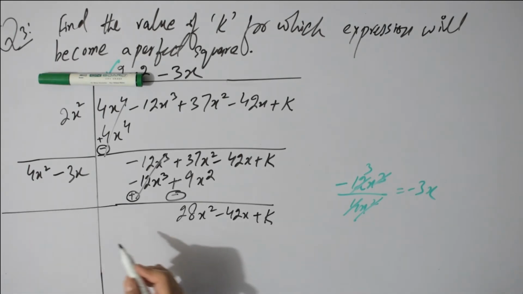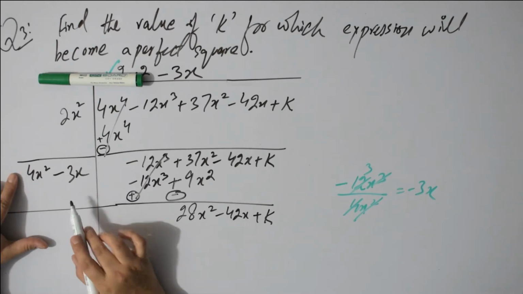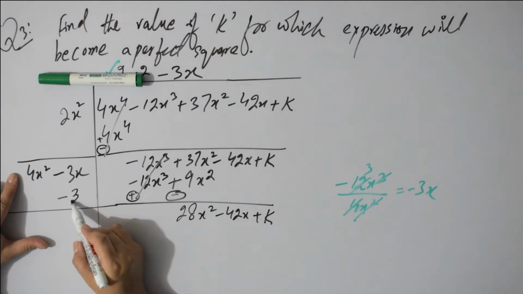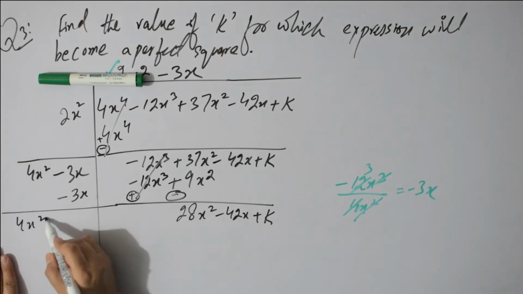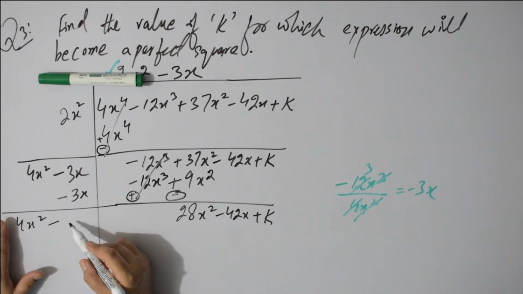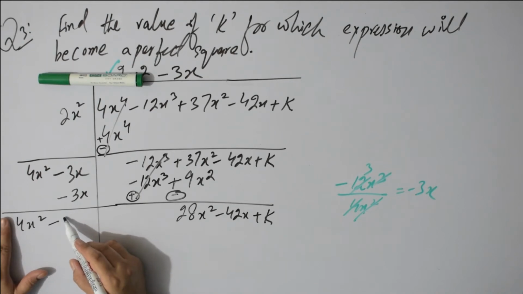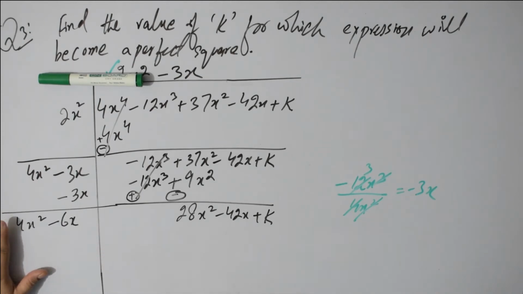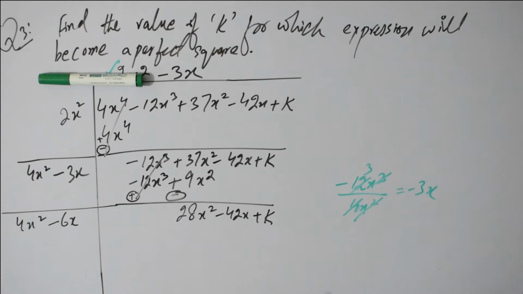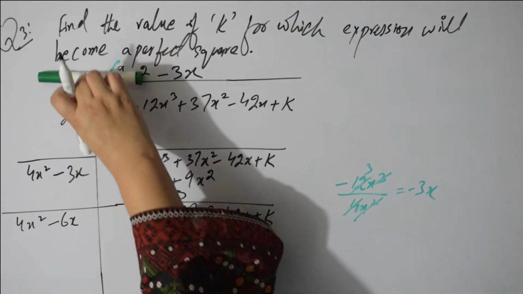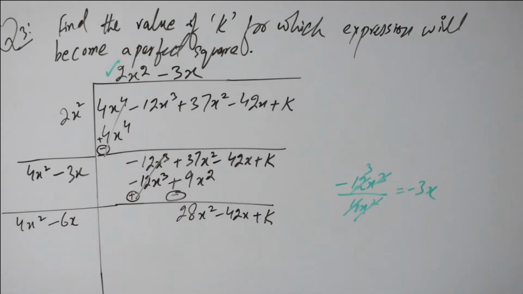So again you have to write this divisor again, that is minus 3x, or multiply it with 2, so 4x square minus 6x. Then again come to find its quotient. Now the turn of finding the quotient.